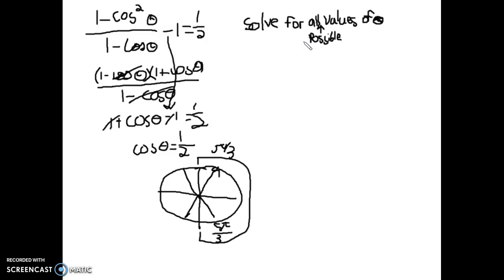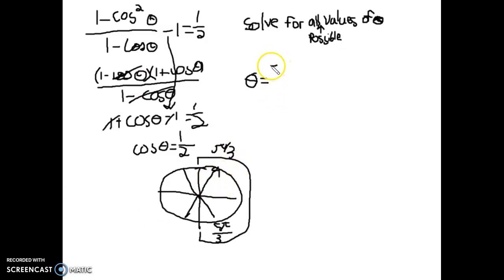And so how we are going to do this is we are going to write a set of two equations, specifically one for each value that we've derived, and we're going to write an equation for each that would describe the possible values of theta for each of those derived radians.